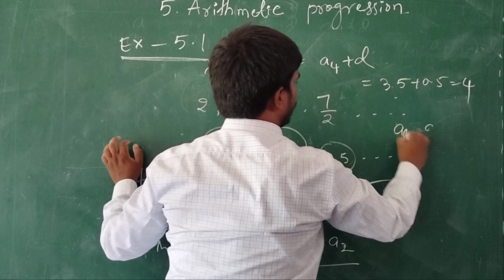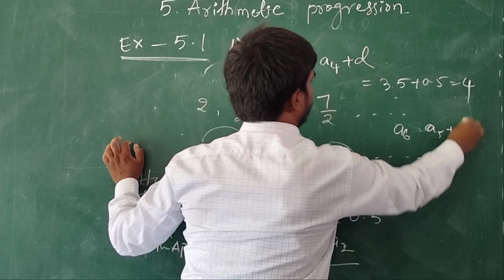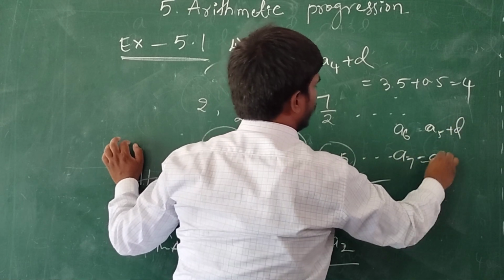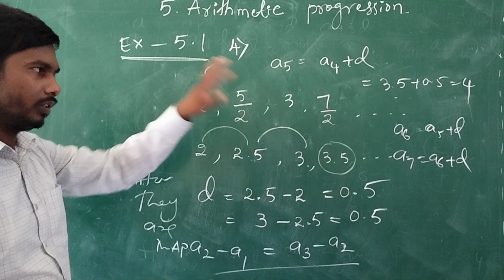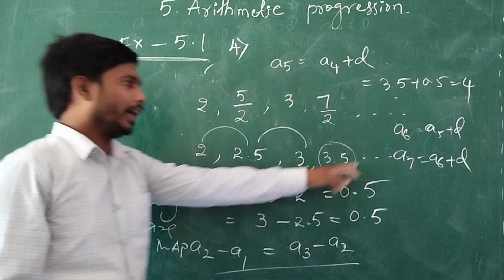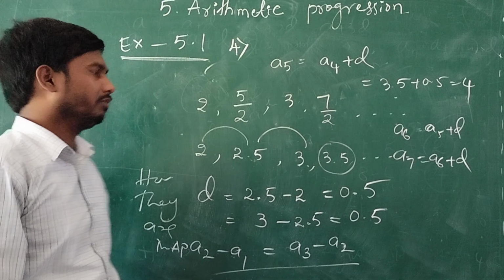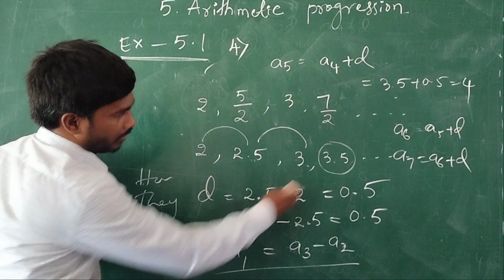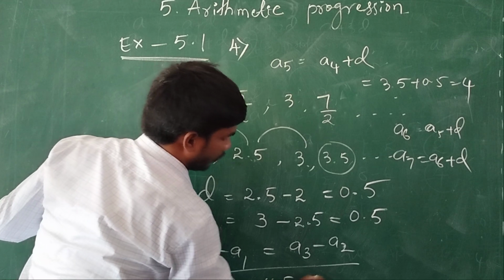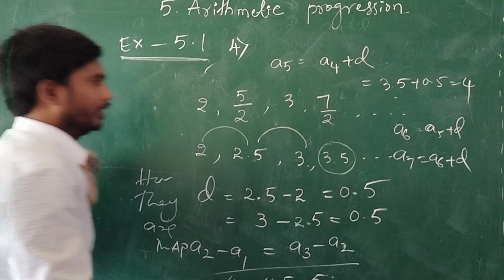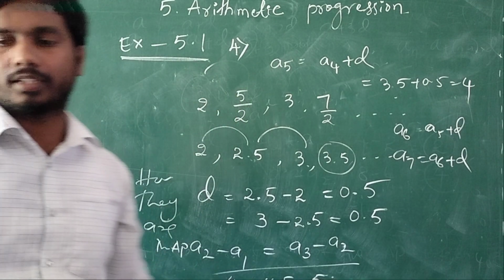A6 value is A5 plus D, A7 value is A6 plus D. Just add the common difference to the previous term, then we will get the next three terms. 3.5, after that 4, 4.5, 5, 5.5.